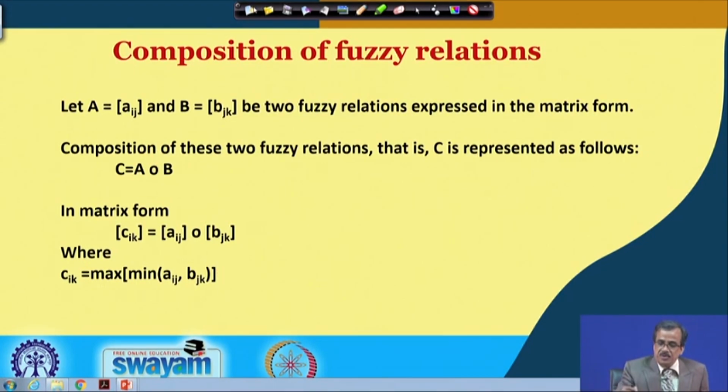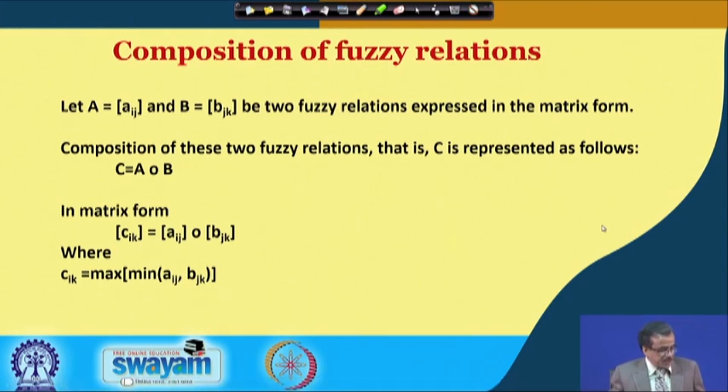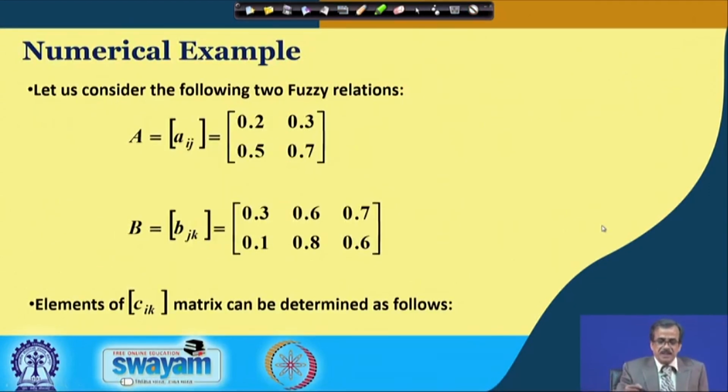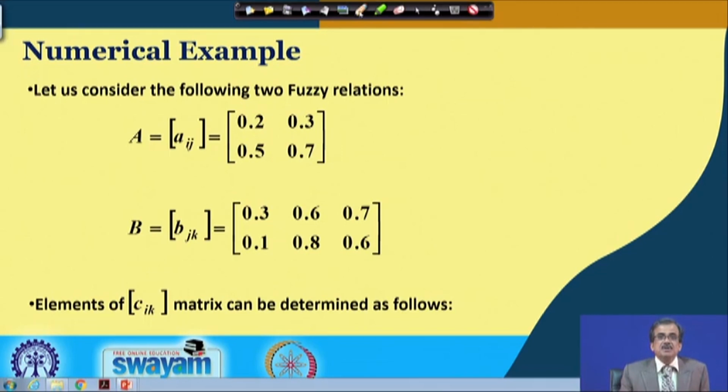I am just going to take one numerical example. Supposing that I have one fuzzy relation, A_ij, in the matrix form, a 2 cross 2 matrix with elements 0.2, 0.3, 0.5, 0.7. The next, B, is another fuzzy relation in the matrix form.